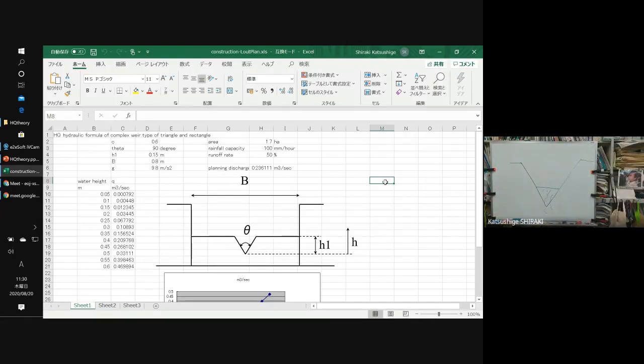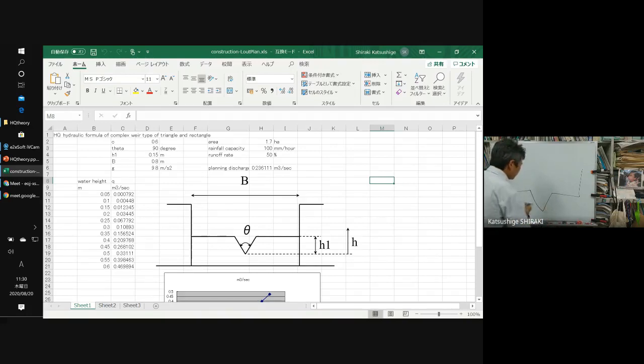This is a triangle area and a rectangle area.